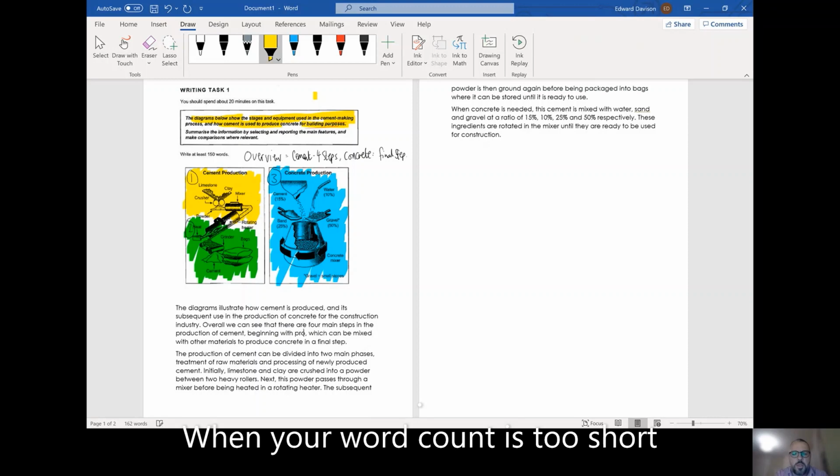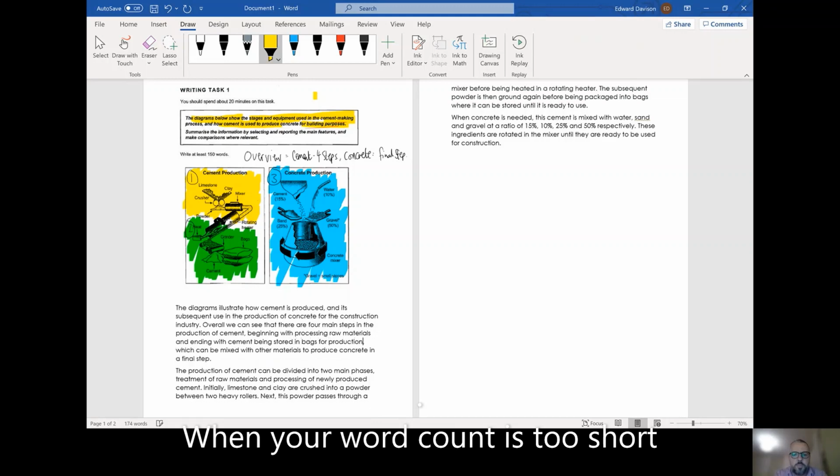Beginning with processing raw materials and ending with cement being stored in bags for production.